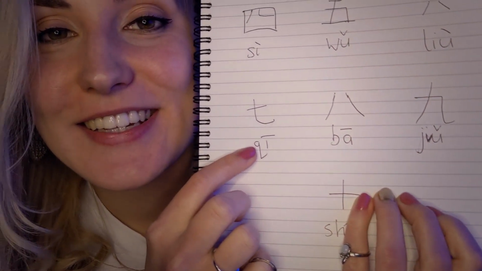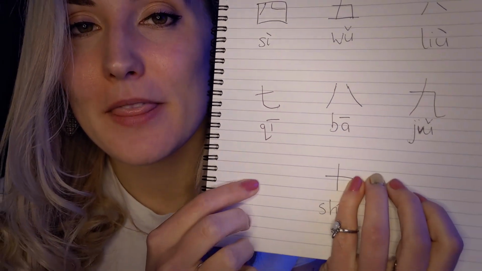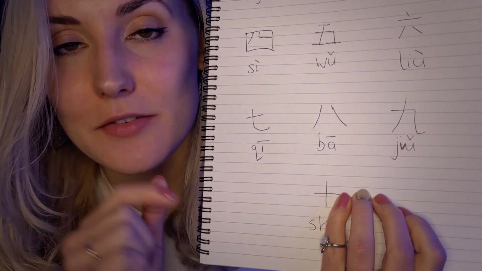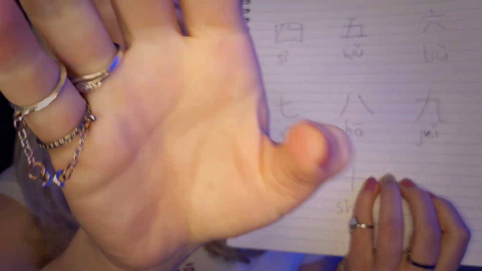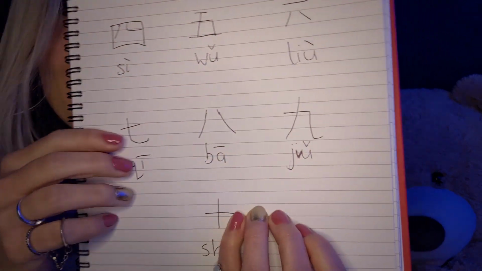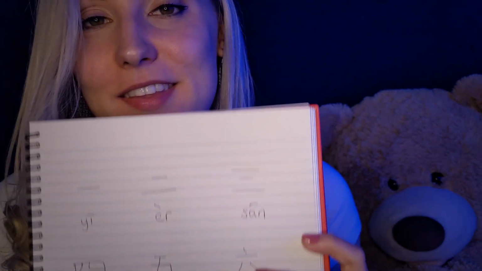Qi, qi for 7, first tone. Ba, ba for the number 8. I don't know what was going on with this one when I wrote it.